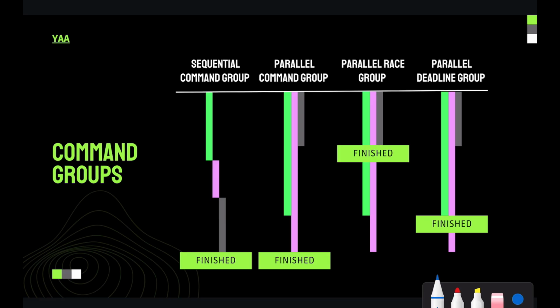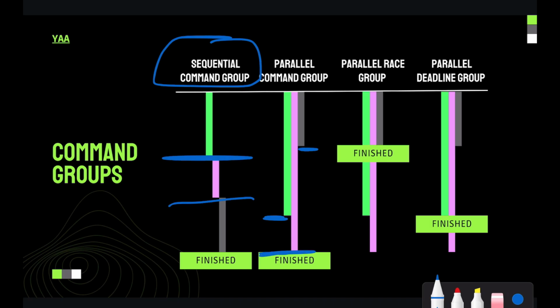We have our sequential command group right here. And this is your typical one after the other: drive forward, lift the elevator, and then score the game piece. This is, of course, very inefficient as you have to wait for one command after the other, which is why you use a parallel command group. With parallel command groups, you can see here, this command finished, and then this command finished.